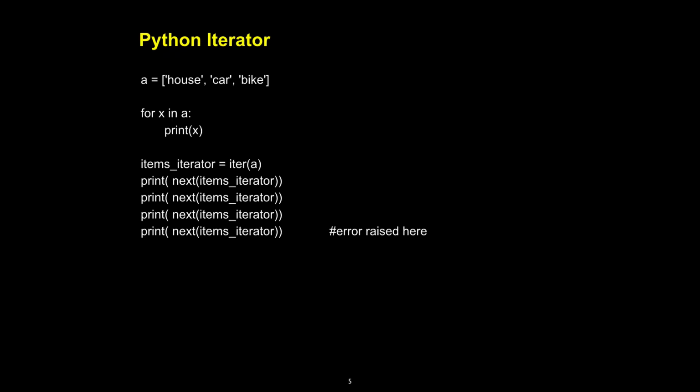So in Python, here's an array of things, and I can do the for statement if I want. And that for statement is actually doing what happens below, right? It actually creates the iterator, and cycles through. The one interesting thing about the Python iterator is there's basically only one method on it, which is next.